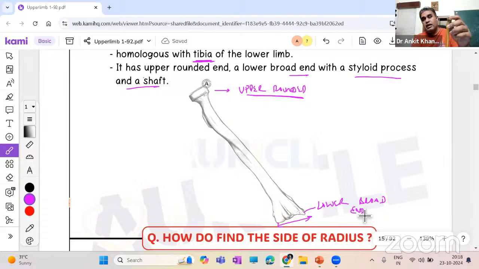It is forming the elbow joint. So which bone will come over here? It will be the lower end of humerus. Which part of the lower end of humerus will come and attach over here? Yesterday we talked about the capitulum, sir. Yes, it will be the capitulum.